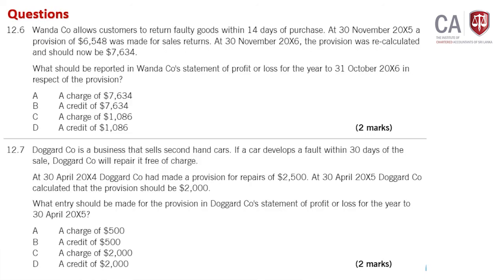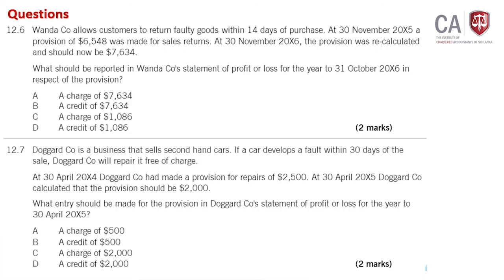At 30th April 2014, the company made a provision of 2,500. At 30th April 2015, after 1 year, the provision was calculated at 2,000.